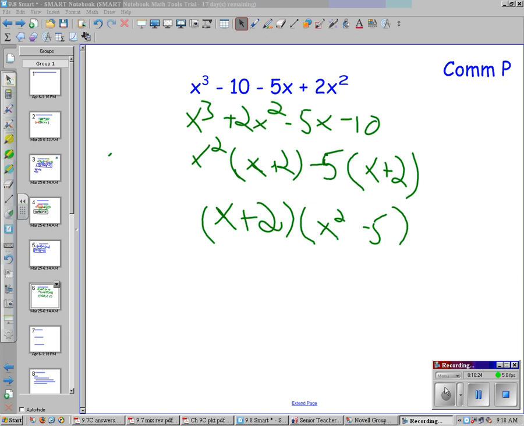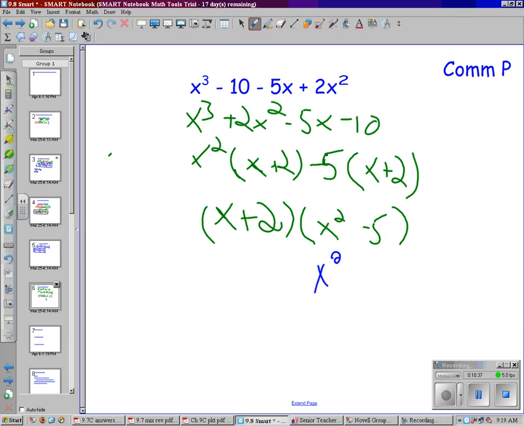If I had x squared minus 16 up there, could we go on and work that a little bit further? Yeah, absolutely, you have to. If this were x squared minus 16, you would have to go on and make this x plus 4 and x minus 4. You'd have to finish factoring. Remember the name of our section today?